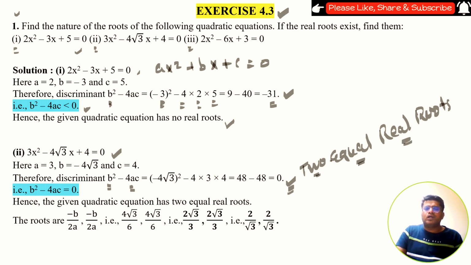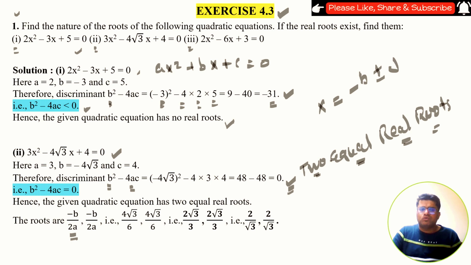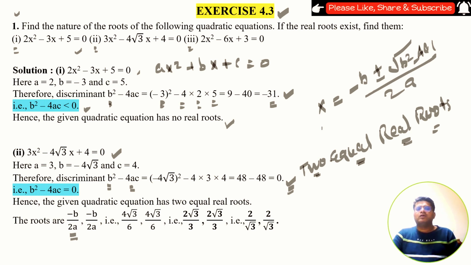And if you want to find the value of these equal real roots, you know from the formula of Sridharacharya, x is equal to minus b plus minus under root b square minus 4ac by 2a. This is the value of x of any quadratic equation.